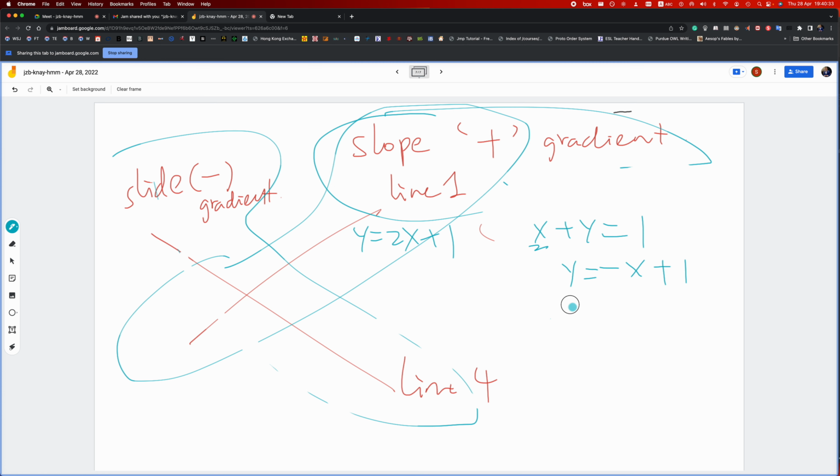You were saying you don't know what the gradient is in this case, right? What's the gradient, and what's the y-intercept?